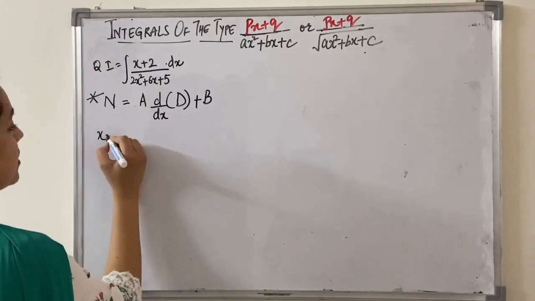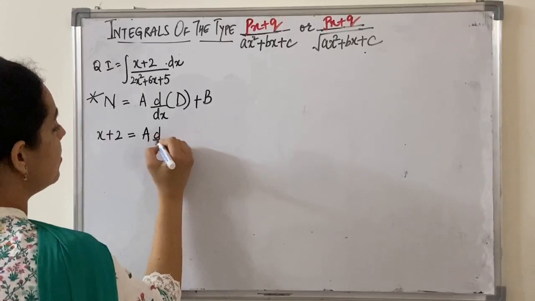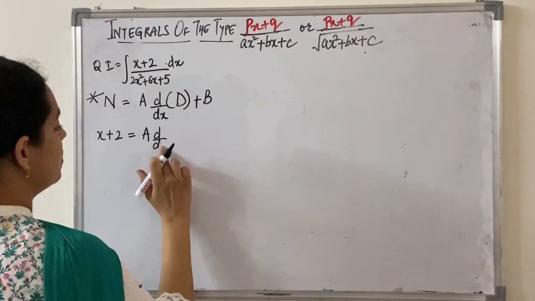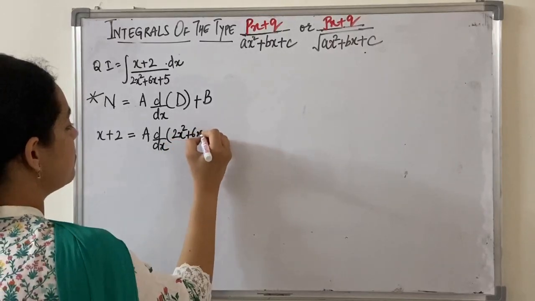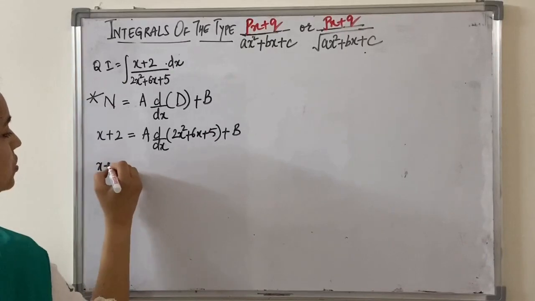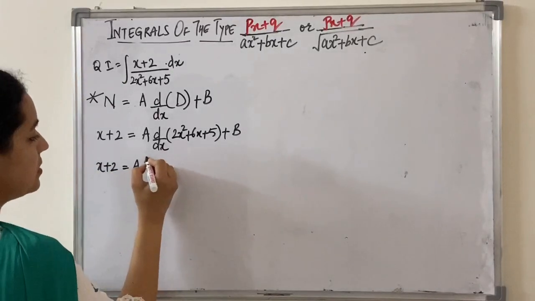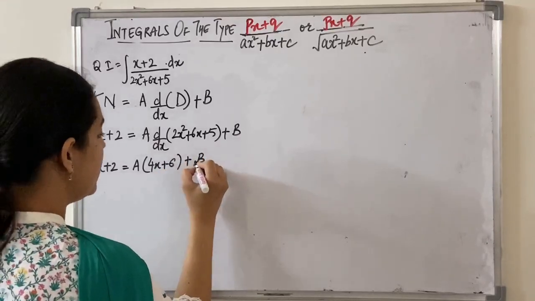So in our case, the numerator x plus 2 is equal to a times the derivative of the denominator with respect to x, that is 2x square plus 6x plus 5, plus the constant b. So x plus 2 will be equal to a times the derivative, which is 4x plus 6, plus the constant b.